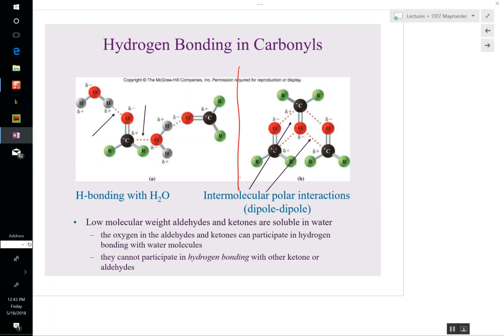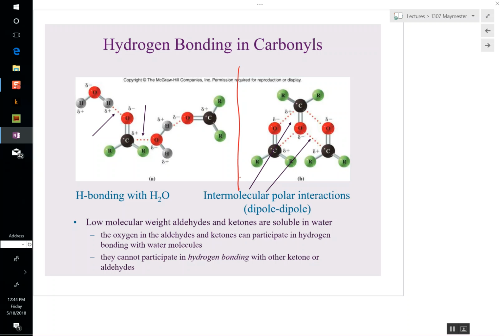Here is an aldehyde or a ketone, and it is showing the attraction of one, let's say, ketone molecule to another ketone molecule. You can see the oxygen in the carbon-oxygen double bond is going to be attracted to this carbon, because this has a slight positive, slight negative charge. And likewise, that oxygen is going to be attracted to the carbon on the other molecule.